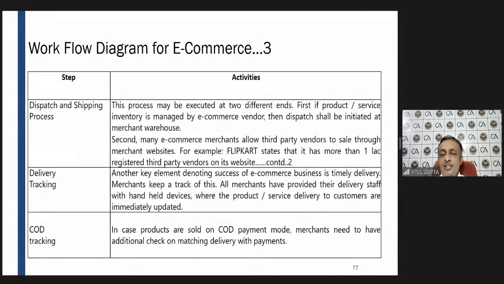Dispatch and shipping: this process may be executed at two different ends. First, if product or service inventory is managed by the e-commerce vendor, dispatch is initiated at the merchant warehouse. Second, many e-commerce merchants allow third-party vendors to sell on merchant websites, like Flipkart and Amazon.